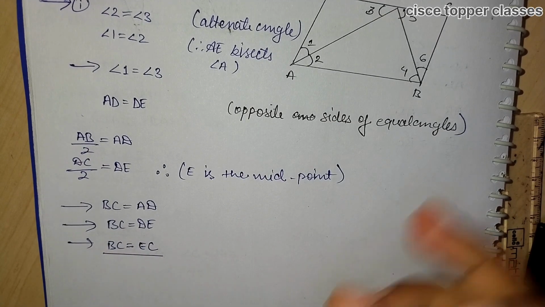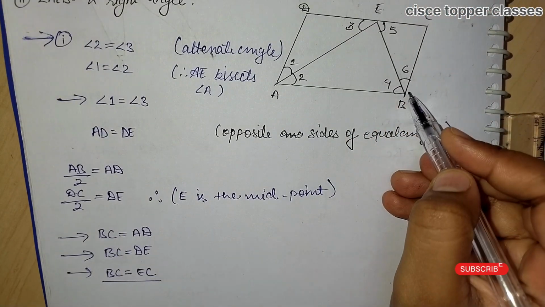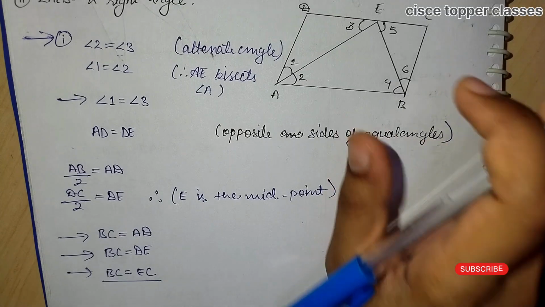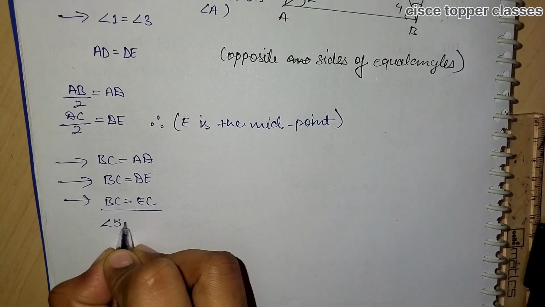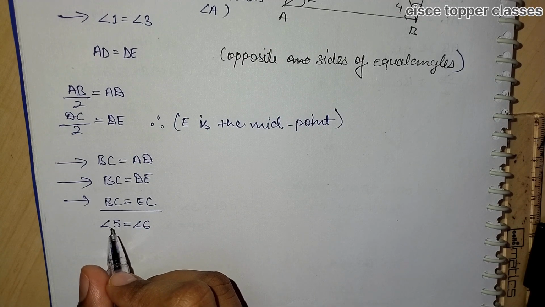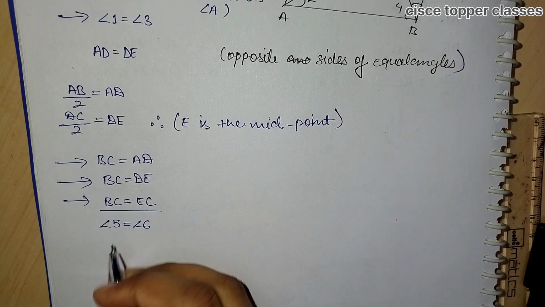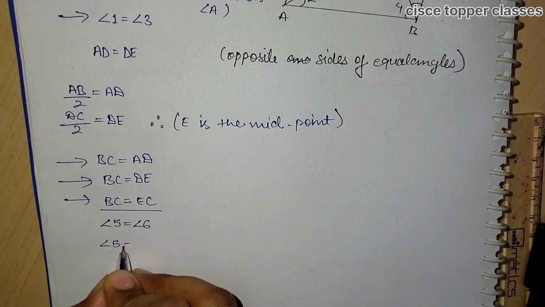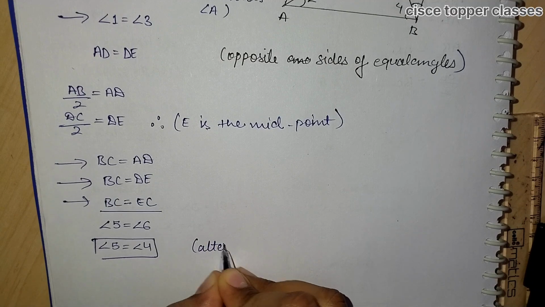If BC is equal to EC, then we can simply say that angle 5 is equal to angle 6, because opposite to equal sides, the angles are also equal. So here we can see that angle 5 is equal to angle 6. And we have angle 5 and angle 4 as alternate angles, so angle 5 is equal to angle 4 also.